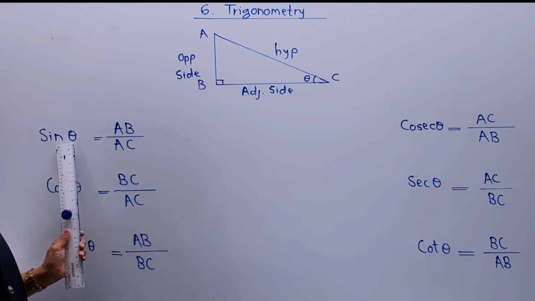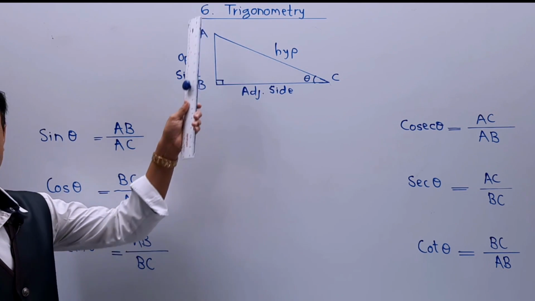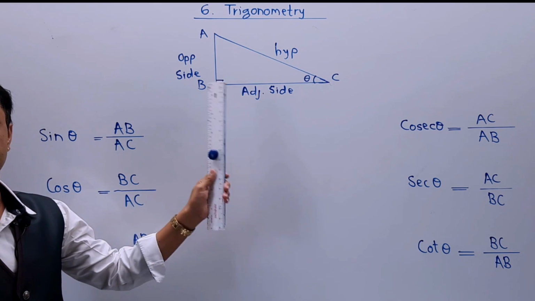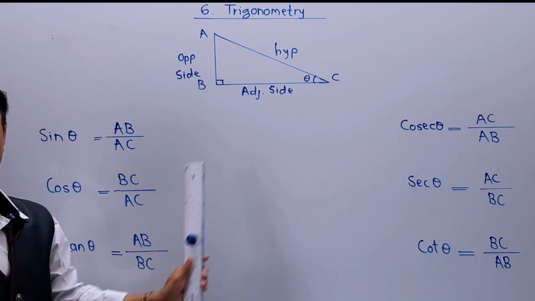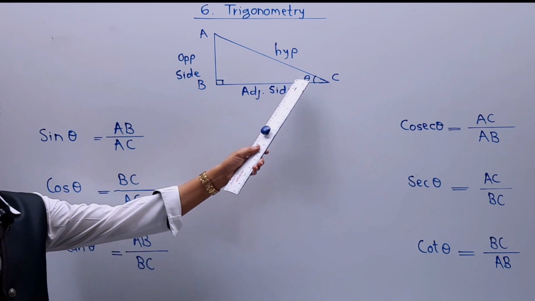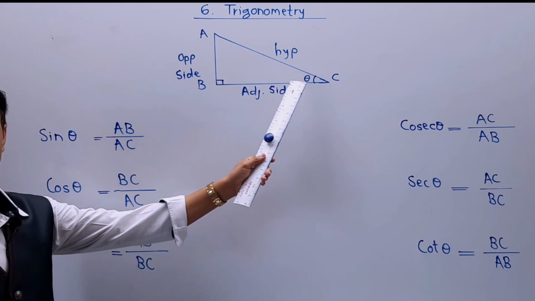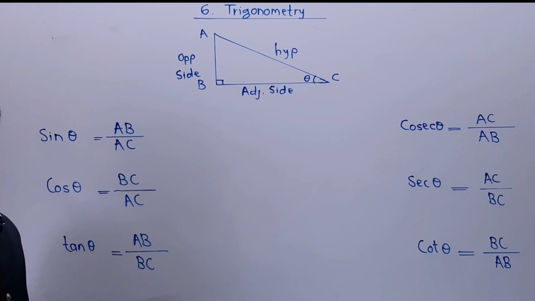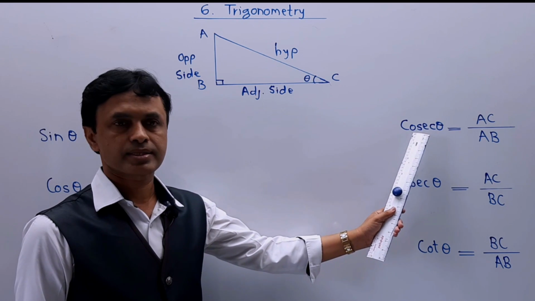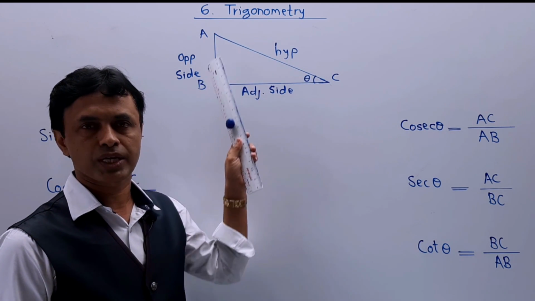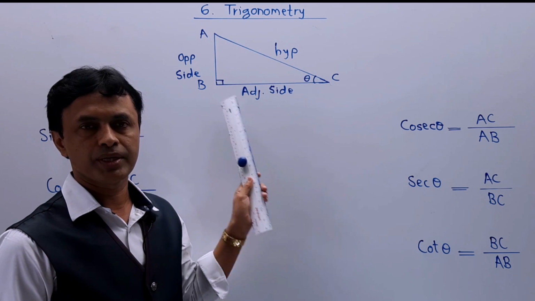Once again, sin theta is opposite side upon hypotenuse, AB upon AC. Cos theta is adjacent side upon hypotenuse, BC upon AC. Tan theta is opposite side upon adjacent side, AB upon BC. Next, cosec theta is hypotenuse upon opposite side, AC upon AB.